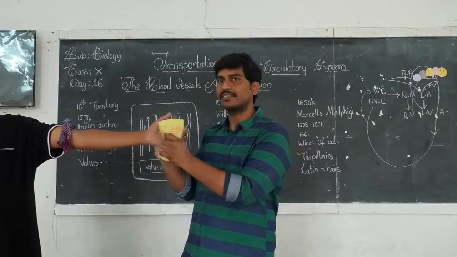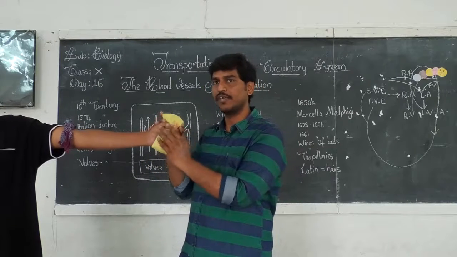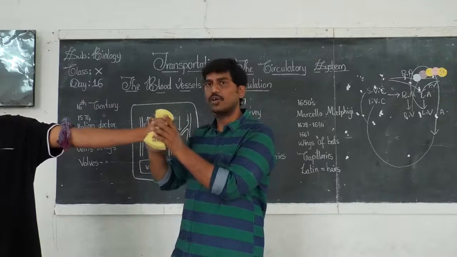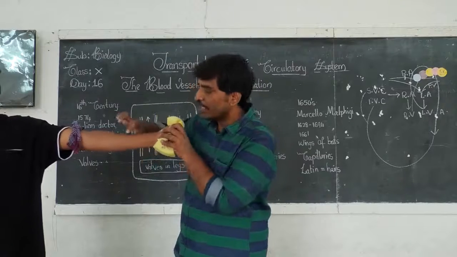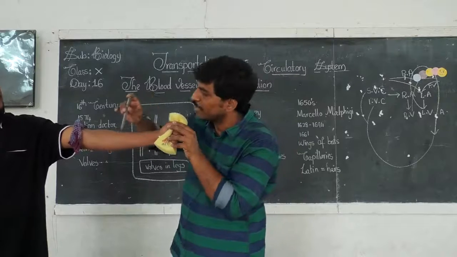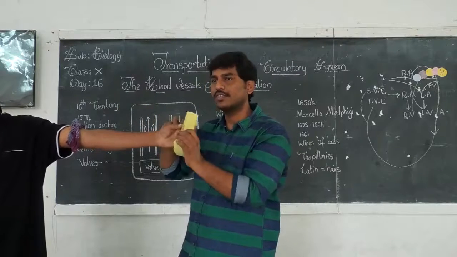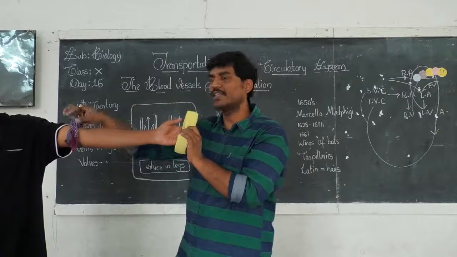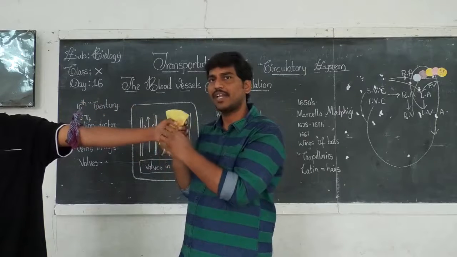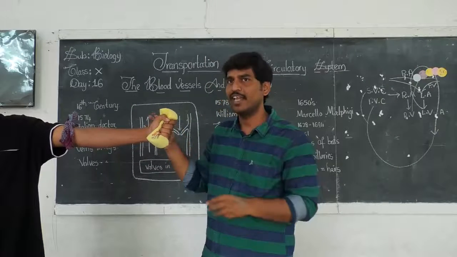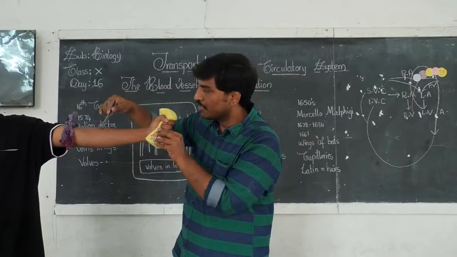Next, I am asking him to hold a cloth, some duster, very tightly. Before that, the finest blood vessels are not seen that clearly as the tourniquet is tied. When I ask him to hold the object very tightly, I can see the blood vessels.